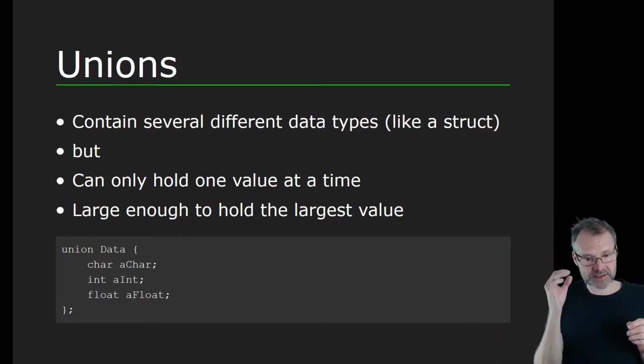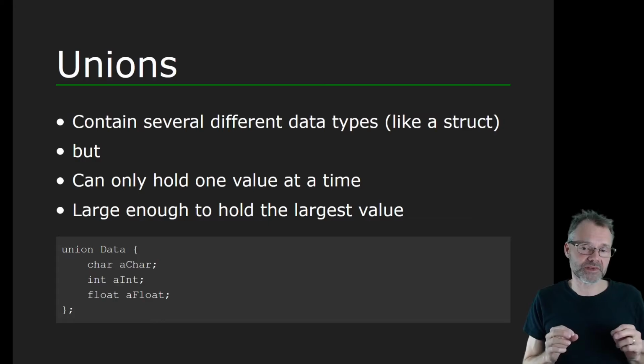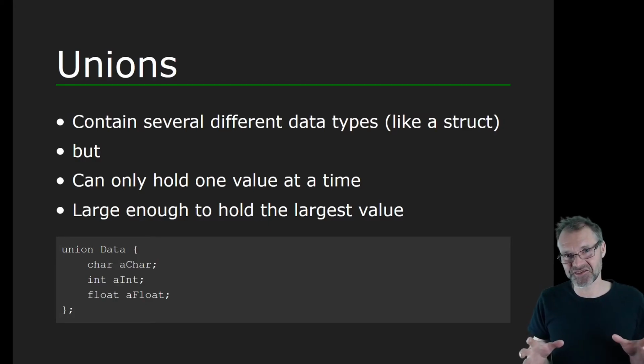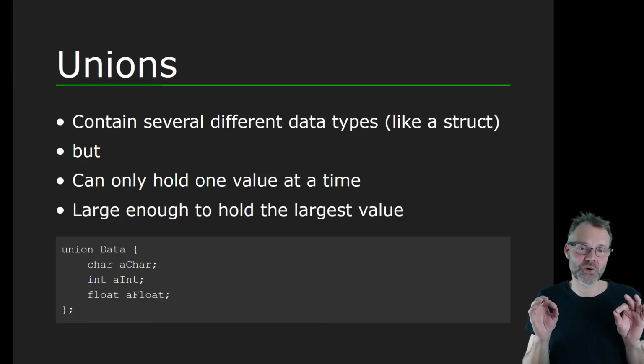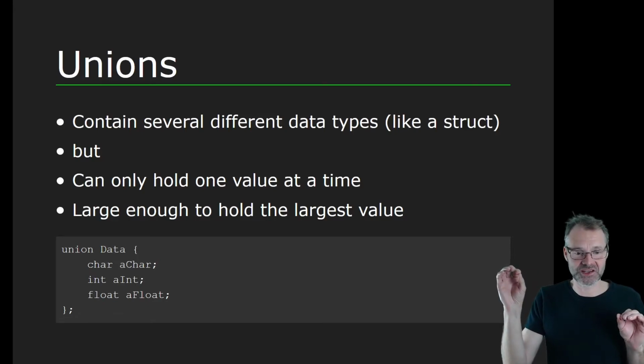Unions are a bit like the structure. It can contain the same things as the struct, but it can only hold one value at a time. So here I'm having a union data, and this can only hold a char, an int, or a float at one time.